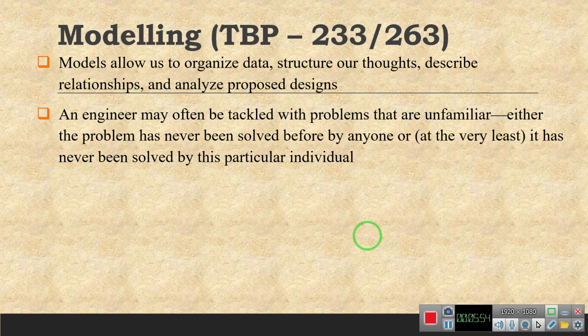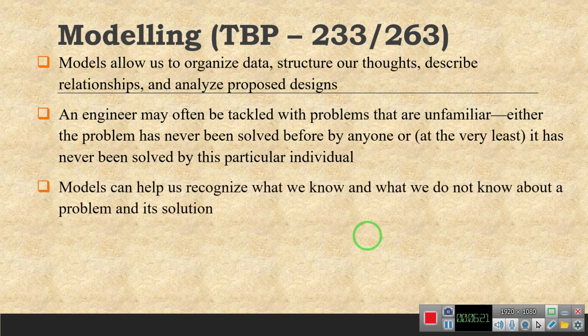Either the problem has never been solved before by anyone, or at the very least, it has never been solved by this particular individual. It means a new problem should be solved by an engineer, which may not have been solved by another person or by himself.